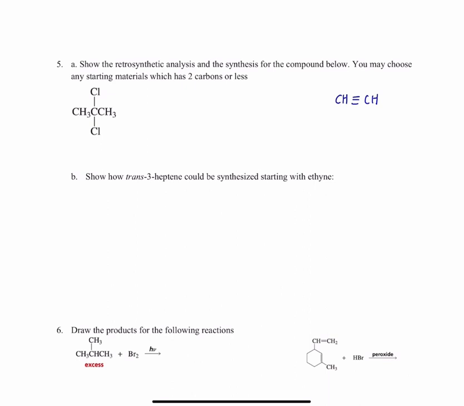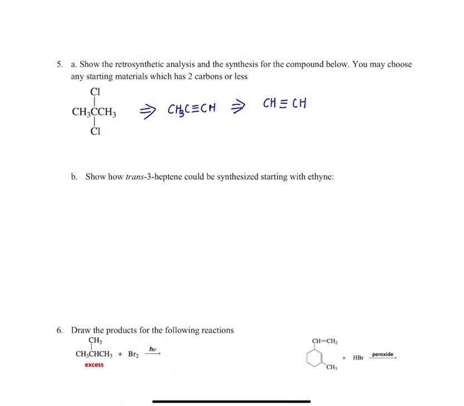So in that case, we can imagine that this is the new carbon that's been added. If you have a molecule that looks something like this, then we can easily perform the hydrohalogenation of this molecule to give this molecule. But can this molecule be prepared from acetylene? Yes, of course, it can be prepared from acetylene. So this would be the retrosynthetic analysis for this compound.